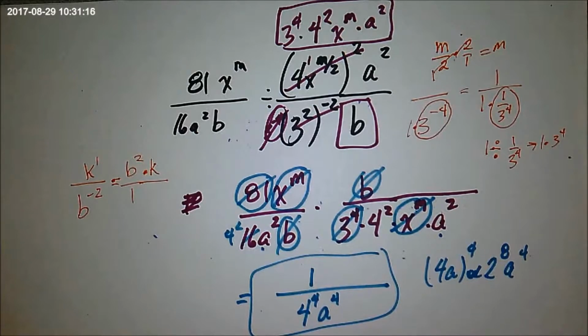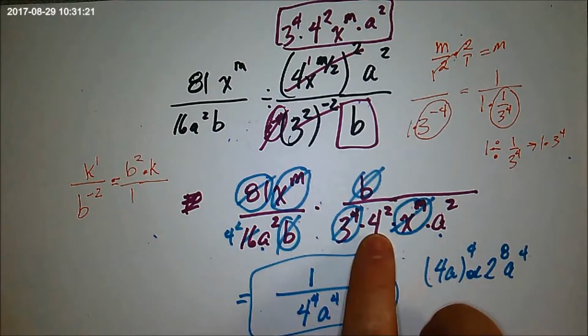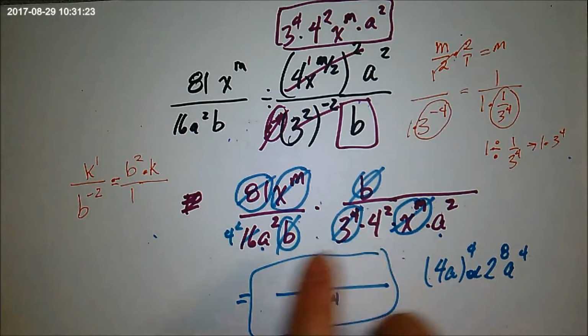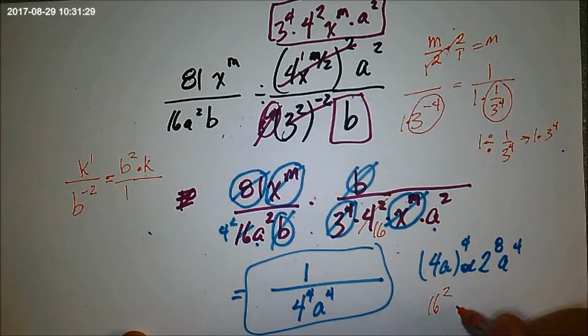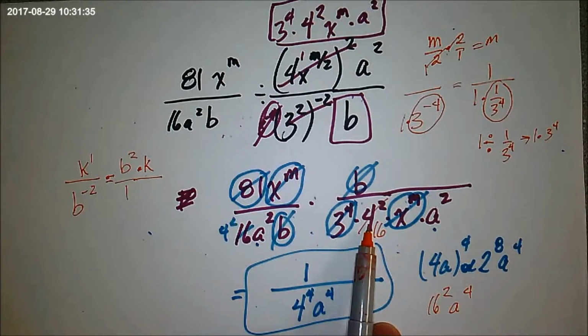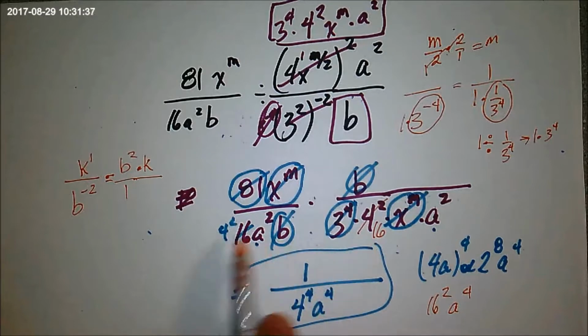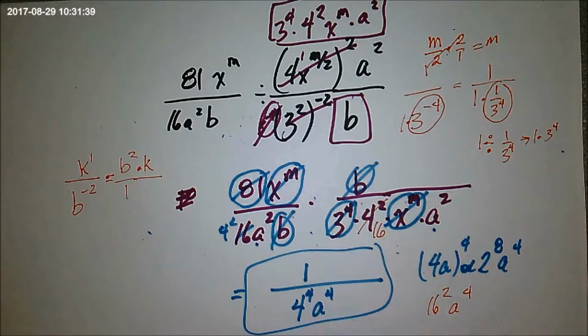But why didn't you just leave it at 16? I could have done it this way instead. I could have said 4 squared is 16, and then I could have had 16 squared a to the 4th if I wanted. That would be okay too. Because they already had a 16. That would be 16 times 16. That's 16 squared. Yeah, to put them all together as small as possible.